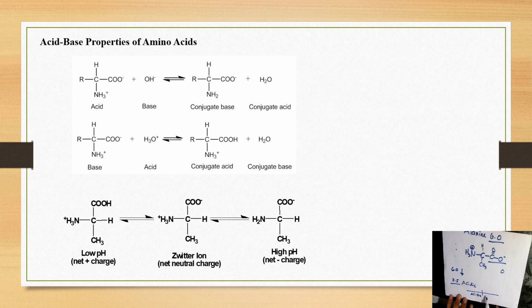Any pH above 7 is in the basic region. So when alanine is at pH 6.0, but the pH of the solution changes to 2.5, what will now be the structure of alanine?